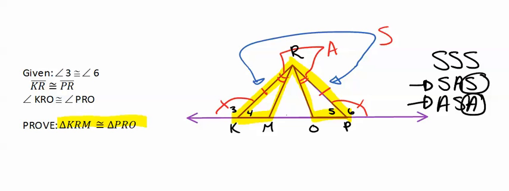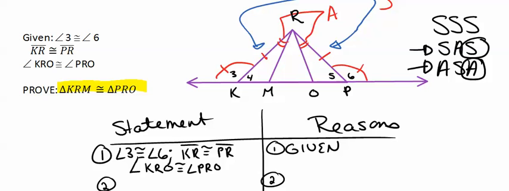Now look at the diagram. Think about things that are assumed and things that we can conclude from given theorems in the past. Now, if we look at the diagram, we know that line KM is a straight line, which would mean that angle 4 and angle 3 are supplementary, as is 5 to 6.